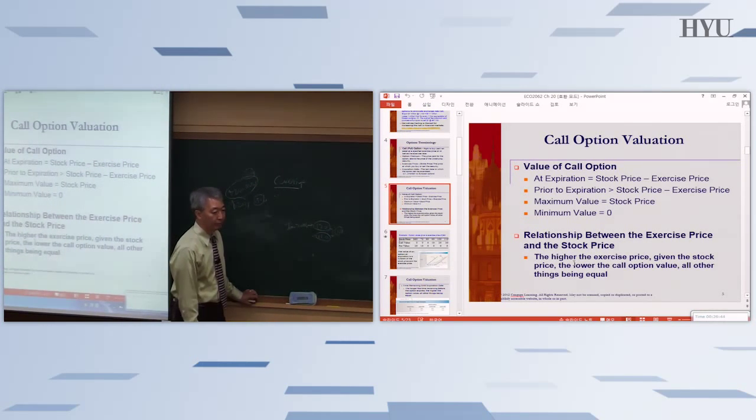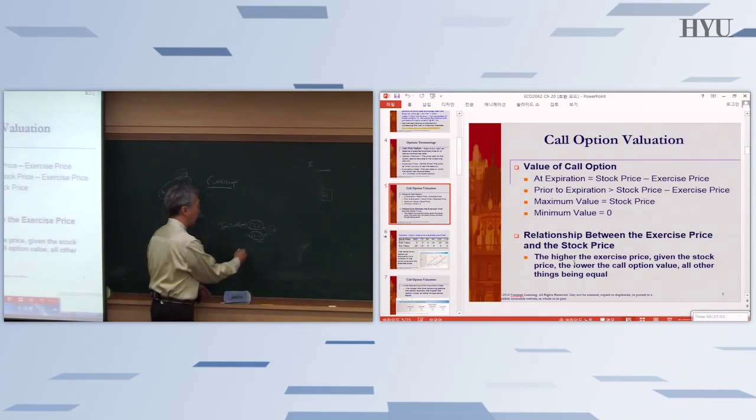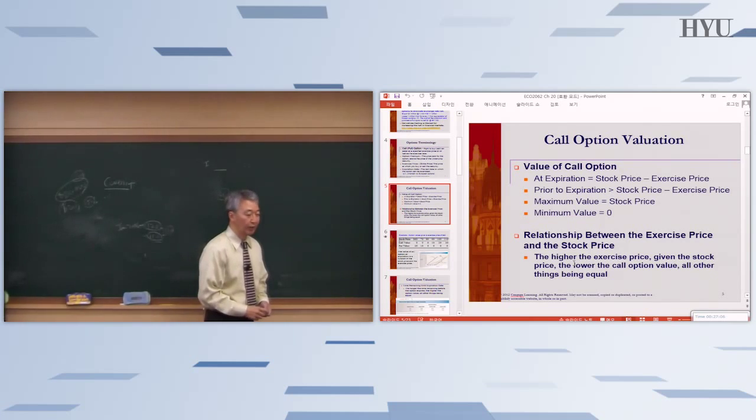But if someone is offering this option at $15, right? You can have this February $110 option if you pay me $15.